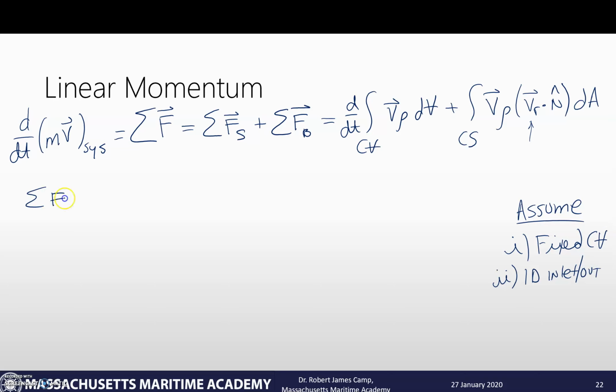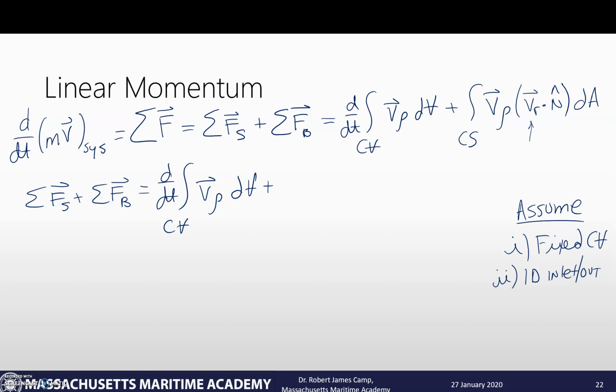We've still got the sum of all these forces, our surface and body forces, equal to d/dt over the control volume of the velocity vector rho dV. Now we get into the same thing as in conservation of mass.